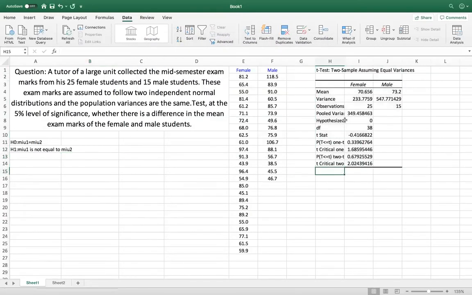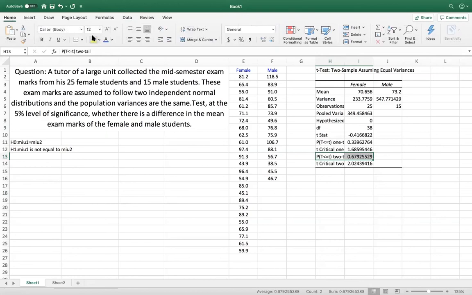So as you can see that the output has been in the H1. And we refer to the P for two-tail. Just like I have said, it is for two-tail test. Here the p-value for the two-tail is 0.67.